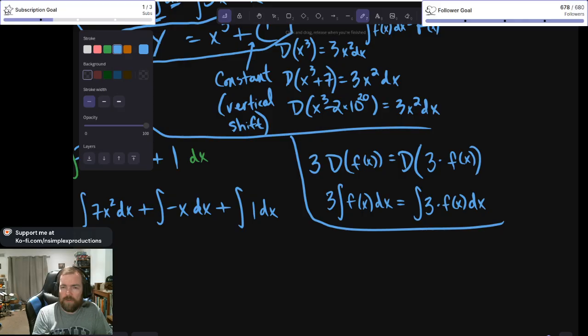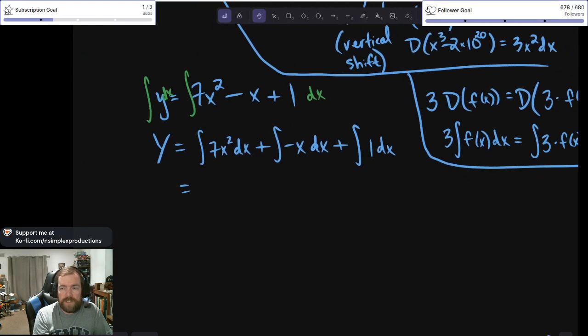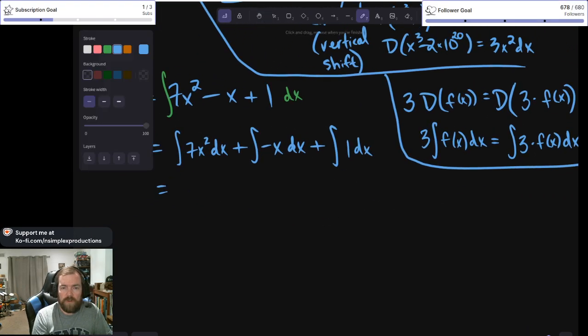That's a helpful hint for this. We can say, well, that 7 doesn't need to be there because it's not useful for an antiderivative. What is going to be necessary is we need a 3 multiplied by our x squared dx.